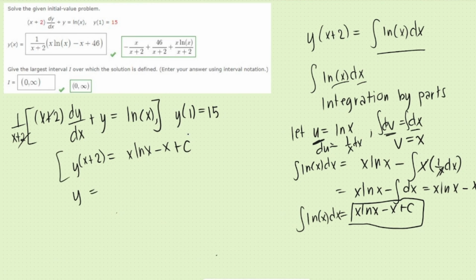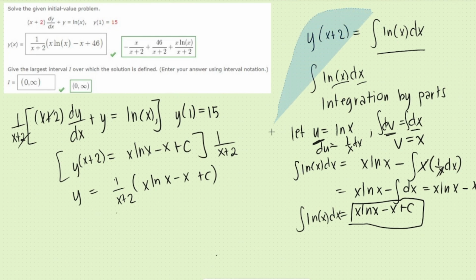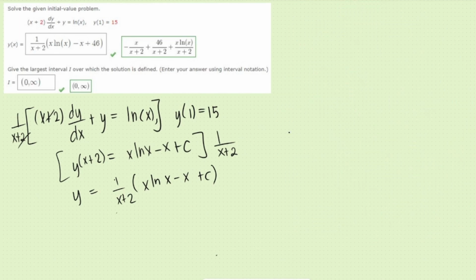So we can divide both sides of the equation by x plus 2, or multiply by 1 over x plus 2. We'd be left with y on the left-hand side, and we would have 1 over x plus 2 times x ln of x minus x plus c. And we're going to use the initial condition, y of 1 is equal to 15, to find the value of c.